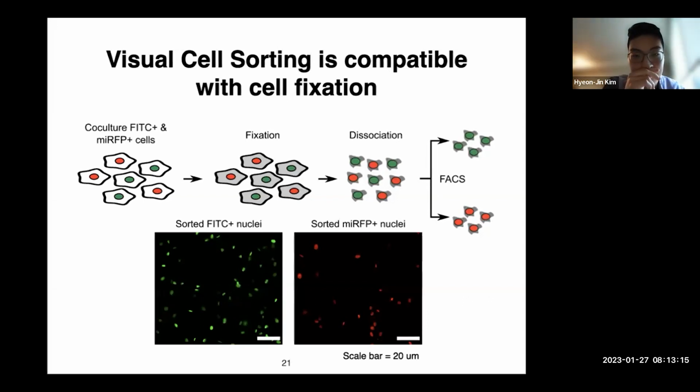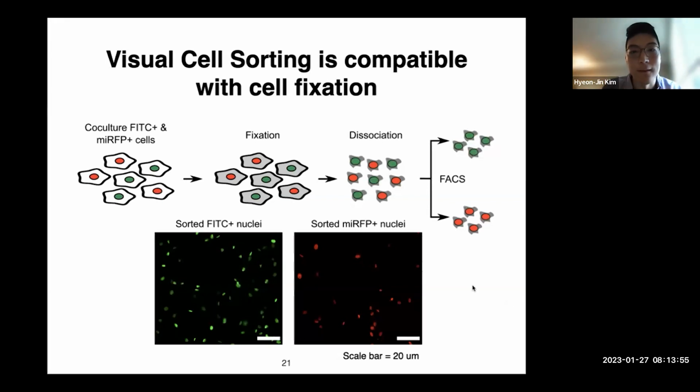What I'm showing you here is a pilot experiment where we co-cultured green and red cells together, and then we fixed them on the plate, and then we dissociated by scraping, and then we FACS sorted green and red cells. The point of this experiment was to demonstrate that you can indeed dissociate fixed cells and sort them, and get single cells or single nuclei afterwards.